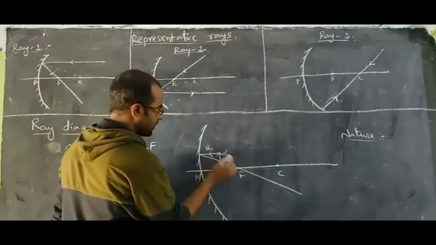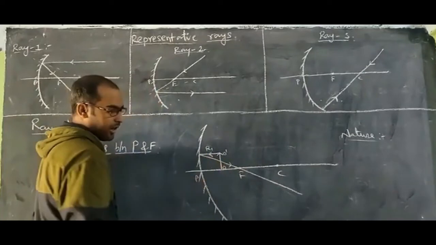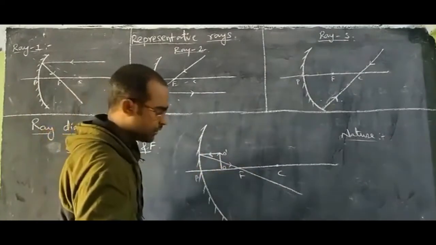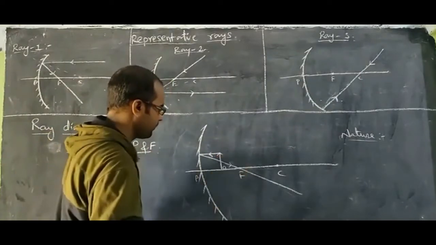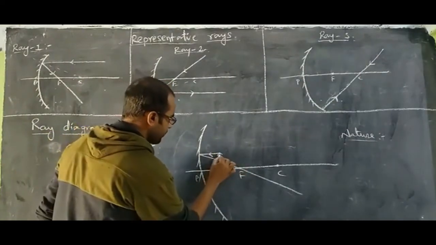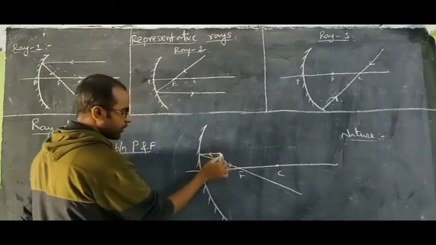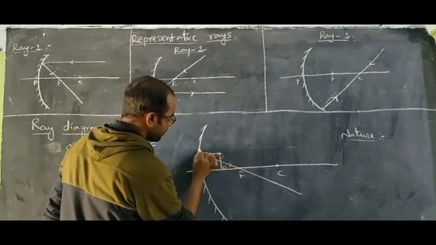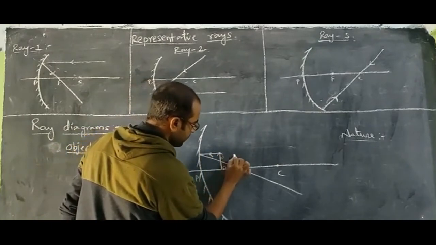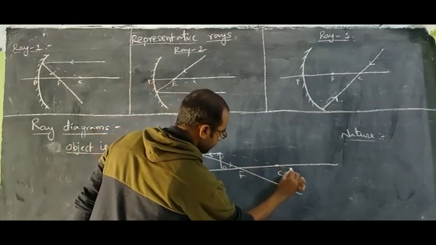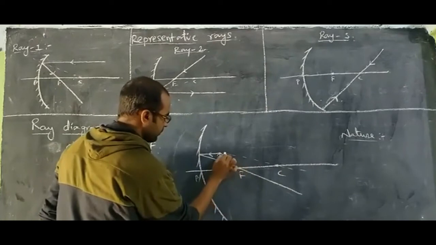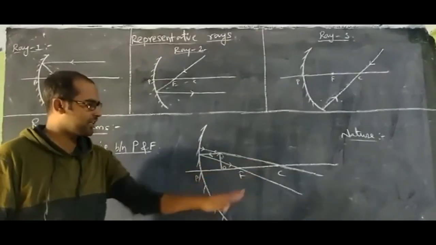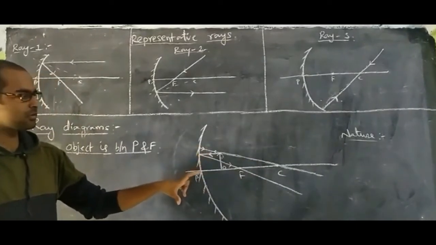And let us take the second ray. It cannot be taken, and we should go for the third ray, which is passing through the center of curvature. Now these are the reflected rays. Are these both reflected rays going to meet at any place?